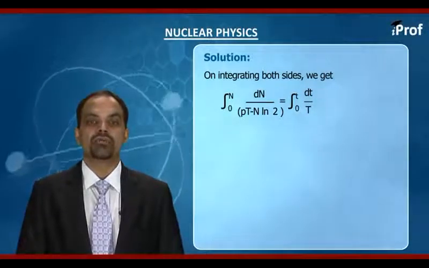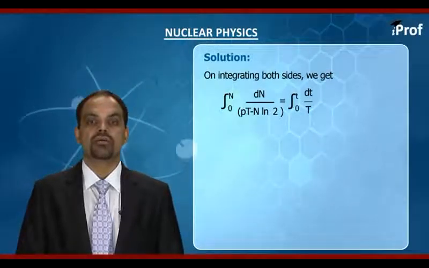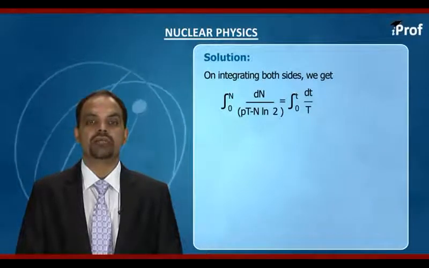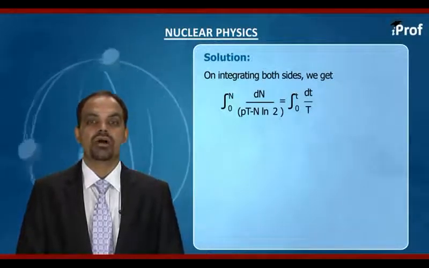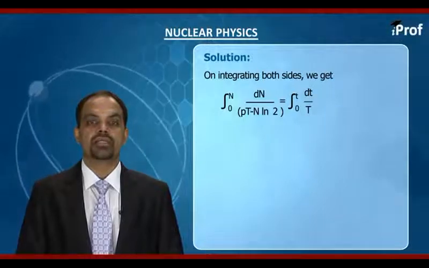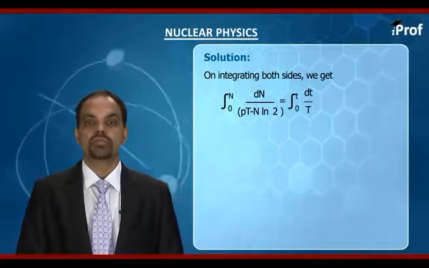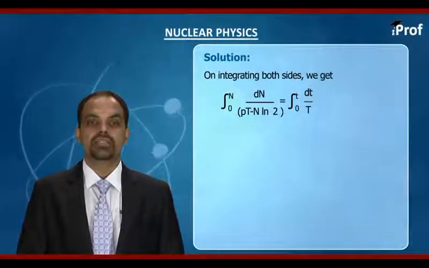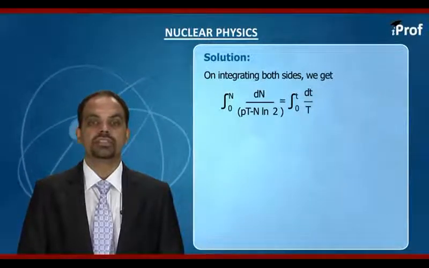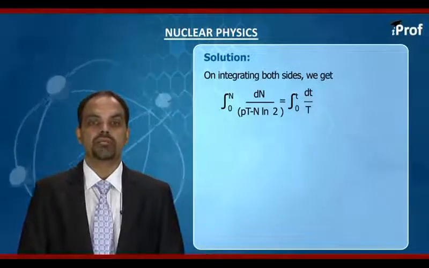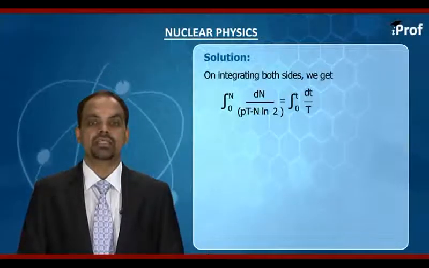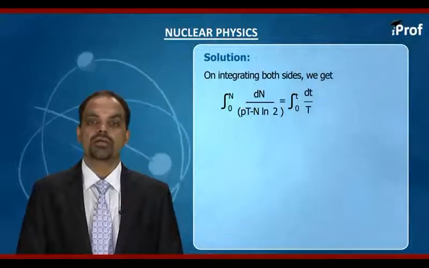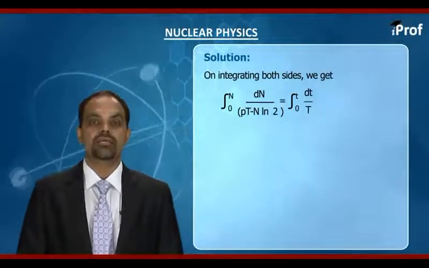Now lambda is representing the disintegration constant, and in terms of half-life it is ln 2 divided by capital T, which is the half-life. So making this substitution, we have the final expression: integration from 0 to N of dN over P T over ln 2 minus N is equal to integration from 0 to small t of dt divided by capital T.